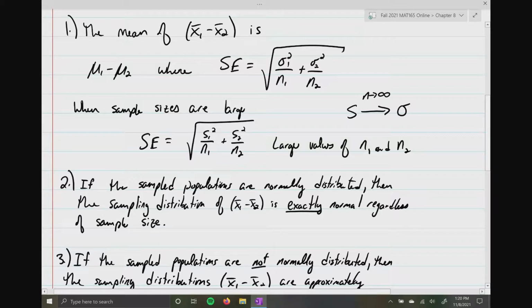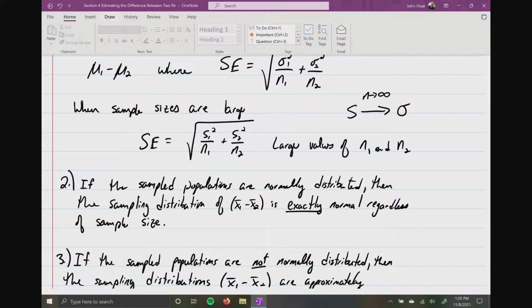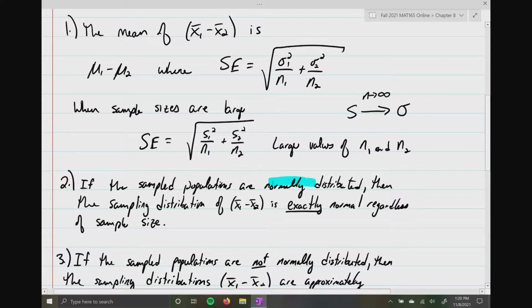All right, if the sampled populations are normally distributed, now that's going to be huge for us. So if we know that the samples we obtained from our population are normally distributed, then it doesn't matter how big the sample size is, because the sampling distribution of the difference is exactly normal, regardless of the sample size.